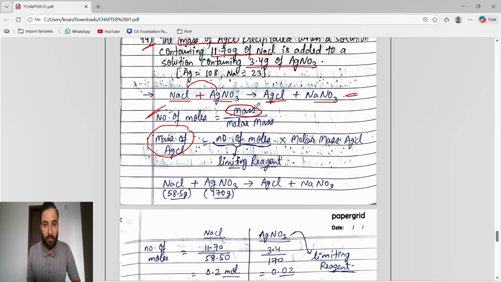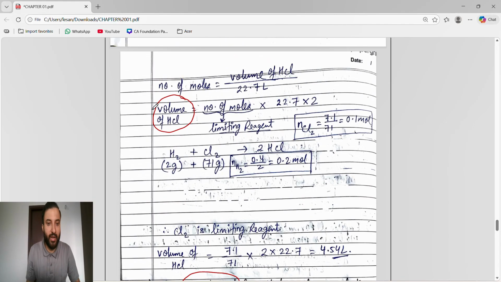So for finding the mass, it will be number of moles into molar mass of AgCl. Same here, for finding the volume, we use the same number of moles. Number of moles means volume of HCl divided by 22.7 liter at standard pressure. So for finding the volume of HCl, it will be number of moles into 22.7.